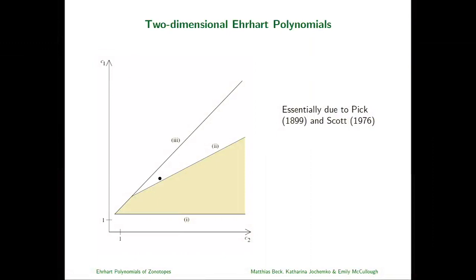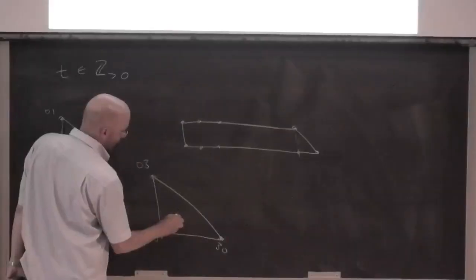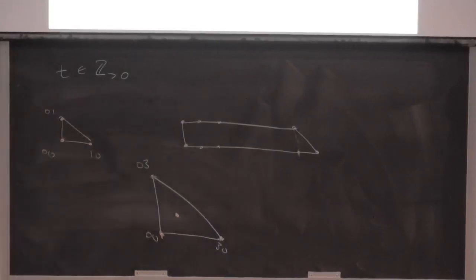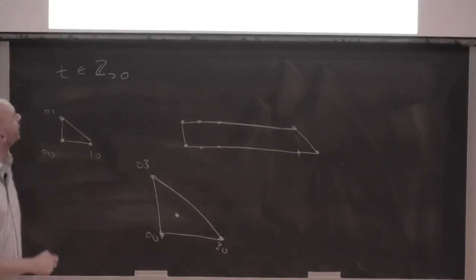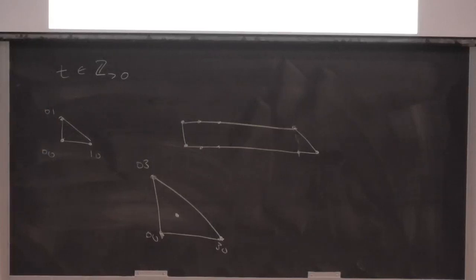So this turns out to be the unique triangle that has exactly one interior lattice point, and still a maximum number of boundary points, I think. Anyway, if you compute the Ehrhart polynomial of this triangle over here, you're going to get these coefficients, whatever they are.